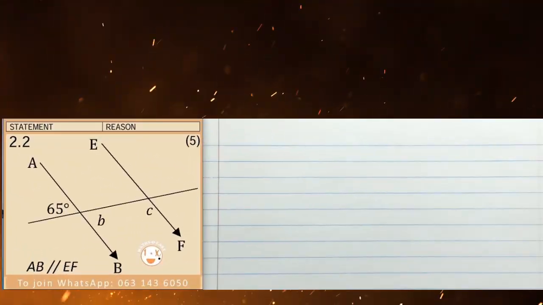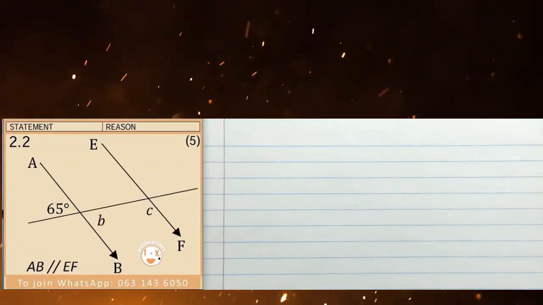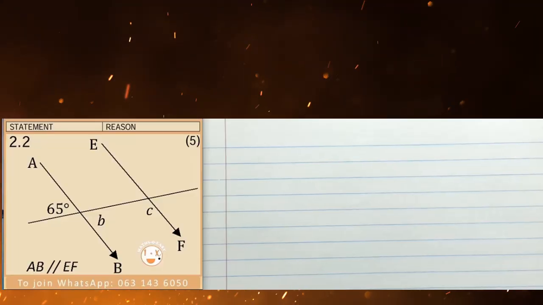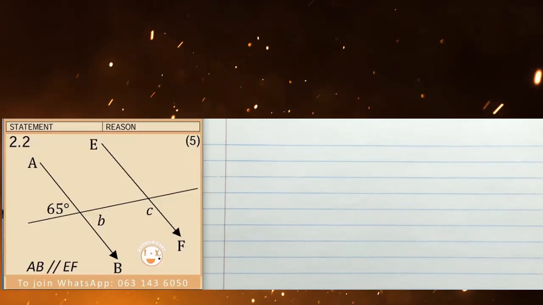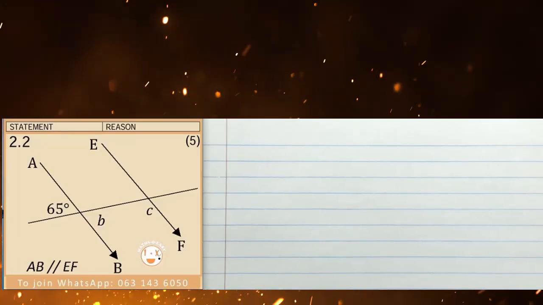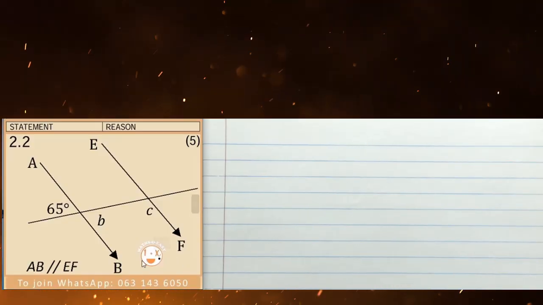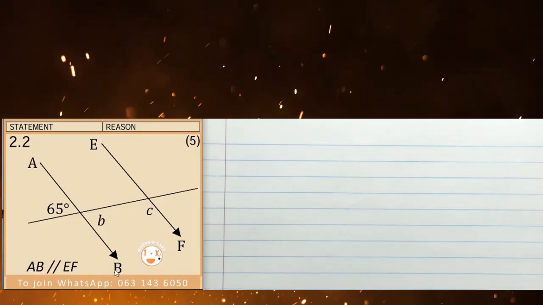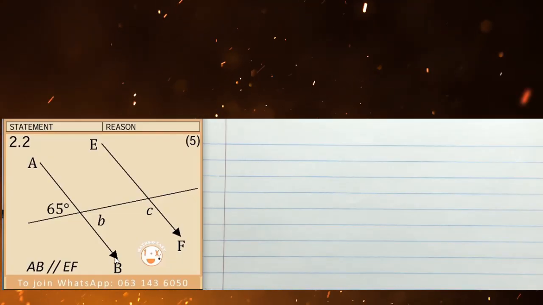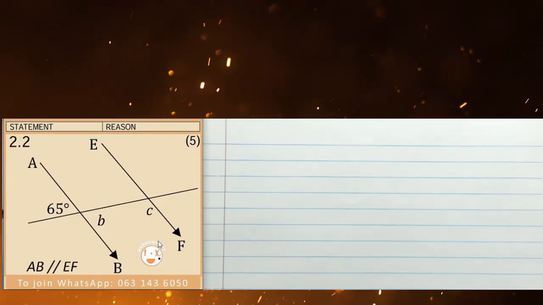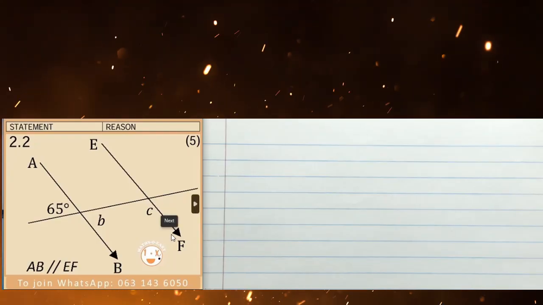There we go. Remember 2.2. What do we have in 2.2? You have that diagram. What is it all about? We can see that there where there are these alphabets, what is it? B and F. What do we have there? We have those arrows. What do they indicate?